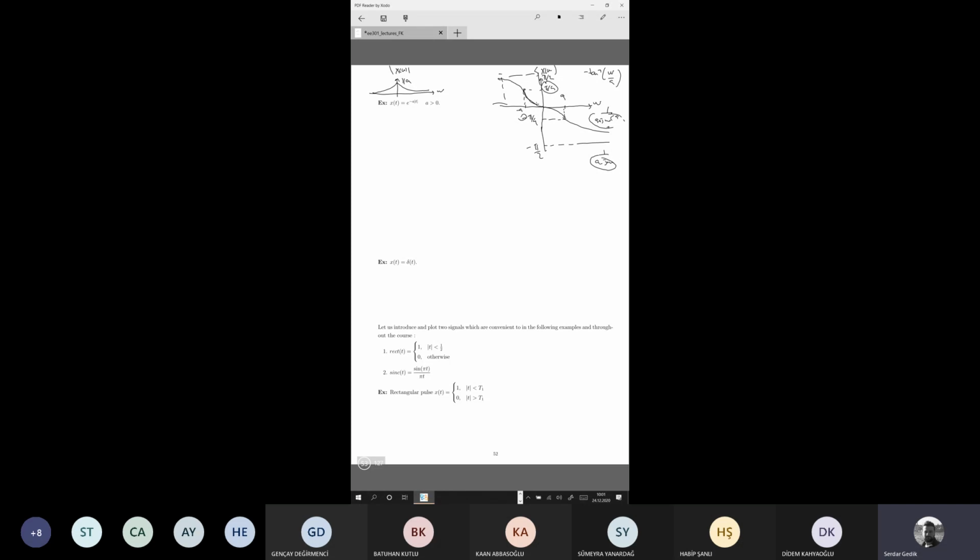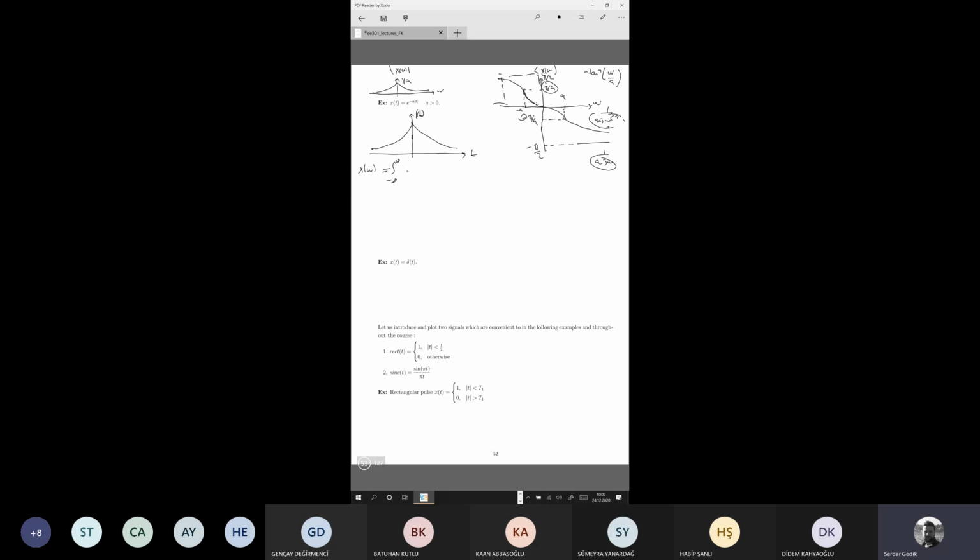So now I have another example, which is x of t equals e to the power minus a absolute t. Let's try to plot it. So this is t, x of t. So what about x of omega?